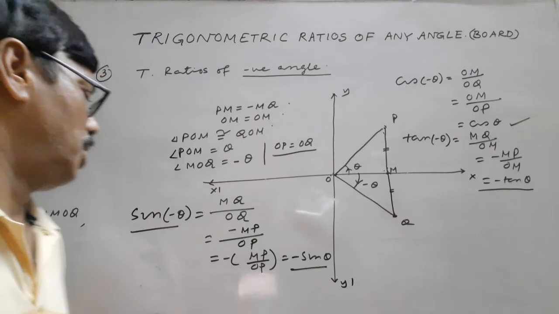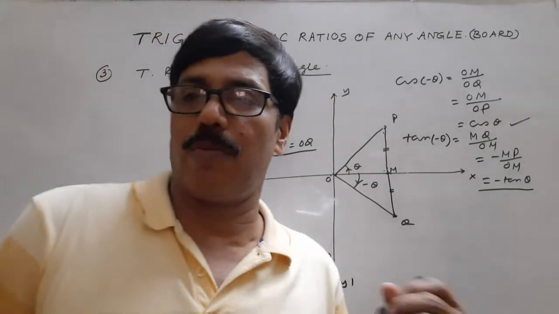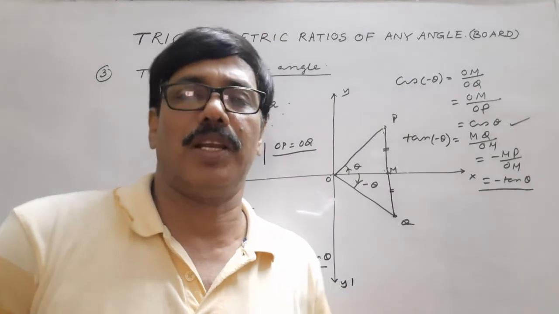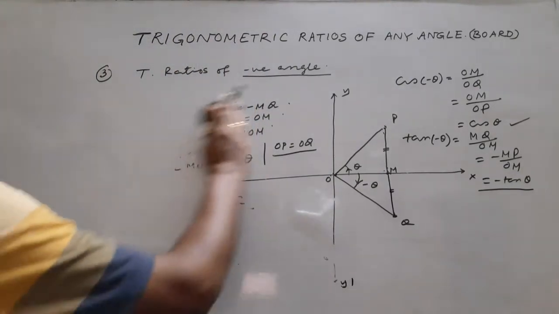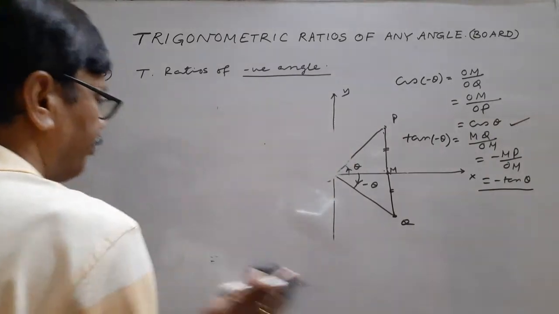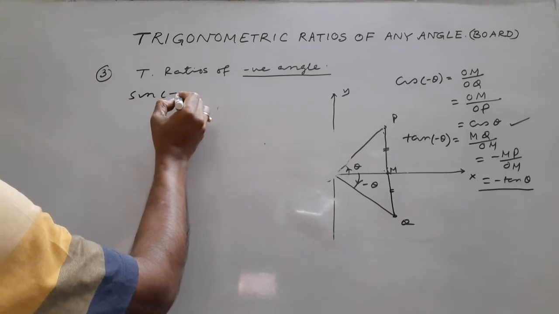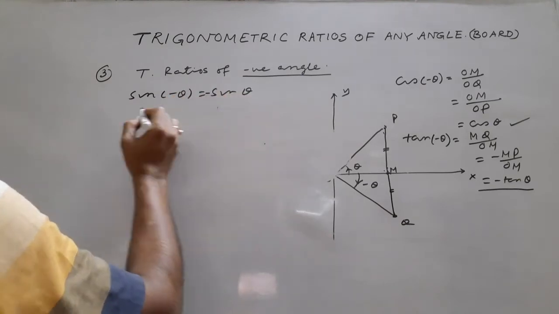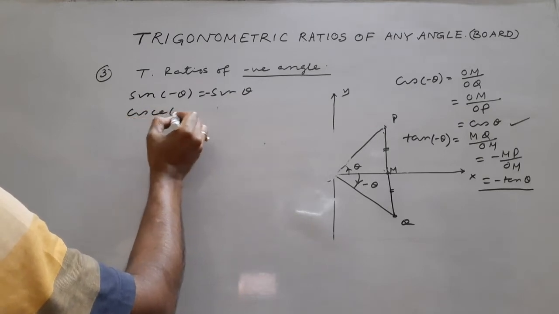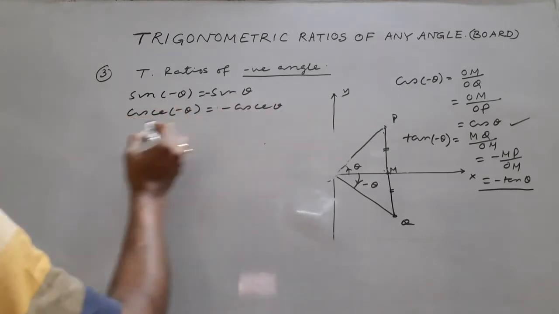So we are finding the three, and we can write cosec of minus theta equals minus cosec theta. So these are the trigonometric ratios of negative angles. Now what are the results? Sine of minus theta is minus sine theta. Cosec is the reciprocal of it, so minus cosec theta.